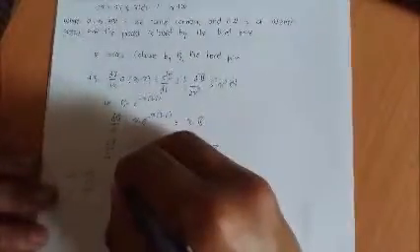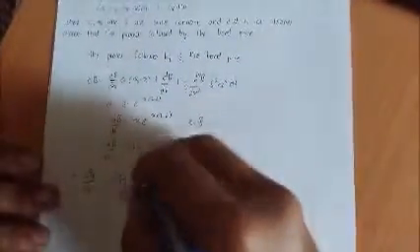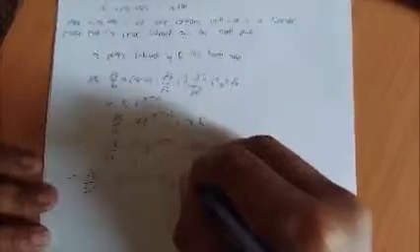The second derivative of B with respect to X is negative (T minus t) times negative (T minus t) e to the power of negative X (T minus t).